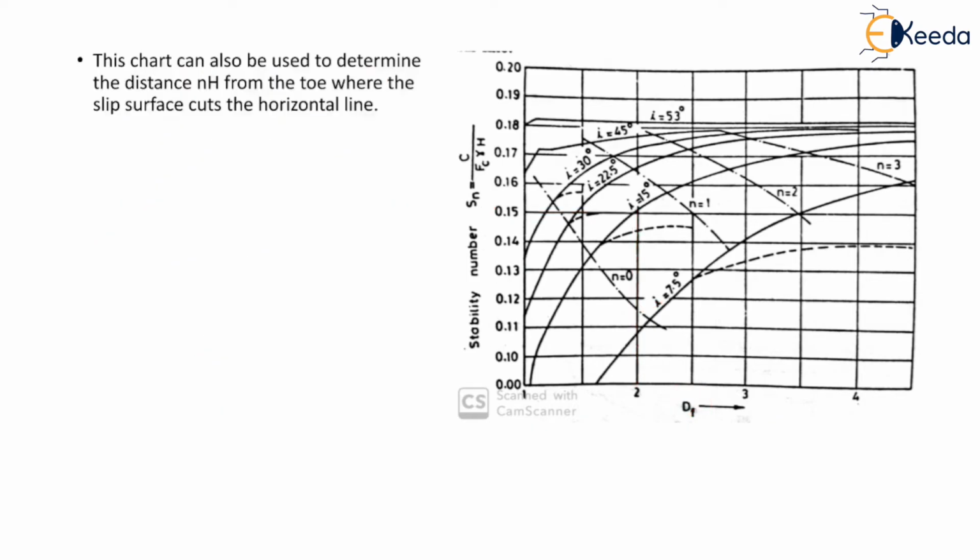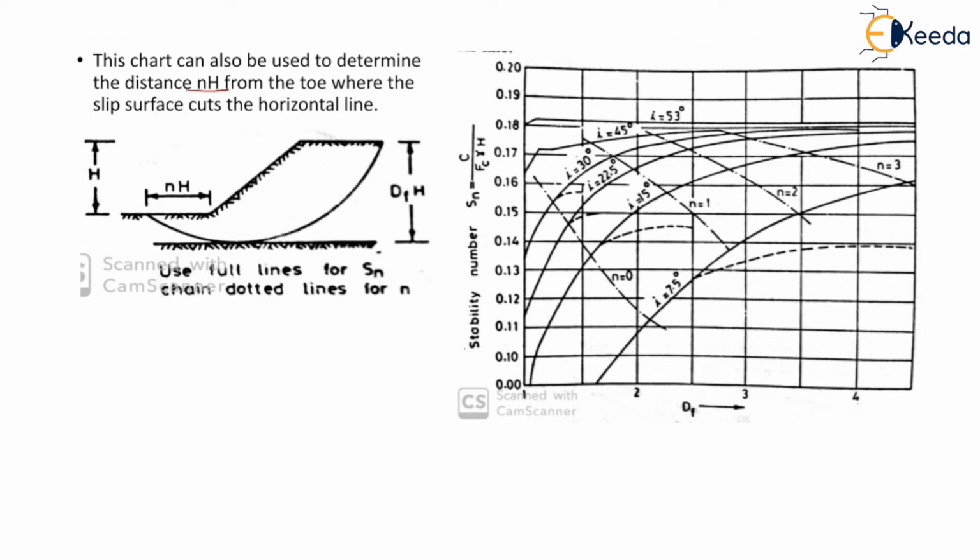This chart can also be used to determine the distance nh from the toe where the slip surface cuts the horizontal line. So suppose this is the slope where slip surface passes well below the toe. H is the height of the slope and df into h is the height at which the hard stratum lies.